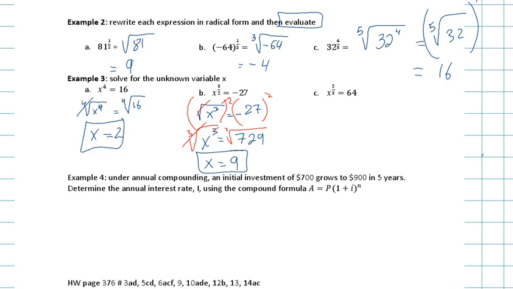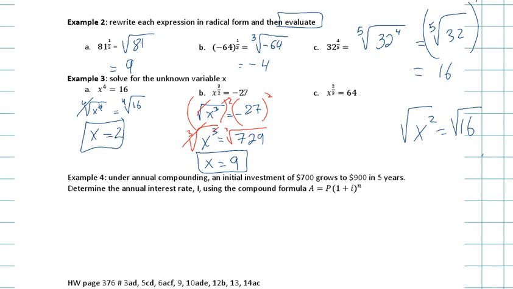If I have x squared equals 16, and I take the square root to get rid of it, technically I'm going to get two answers. A calculator will only give you one of the two, but technically my answer is positive or negative 4.